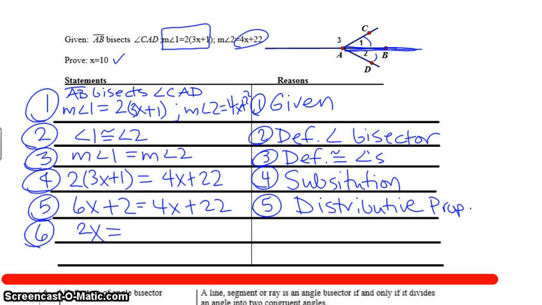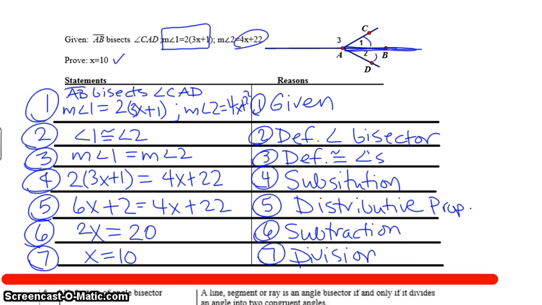I'm going to go ahead and put that in one step because I'm using subtraction property for both of those. How do I get x by itself? I'm going to divide both sides by 2, so my reason is division property.